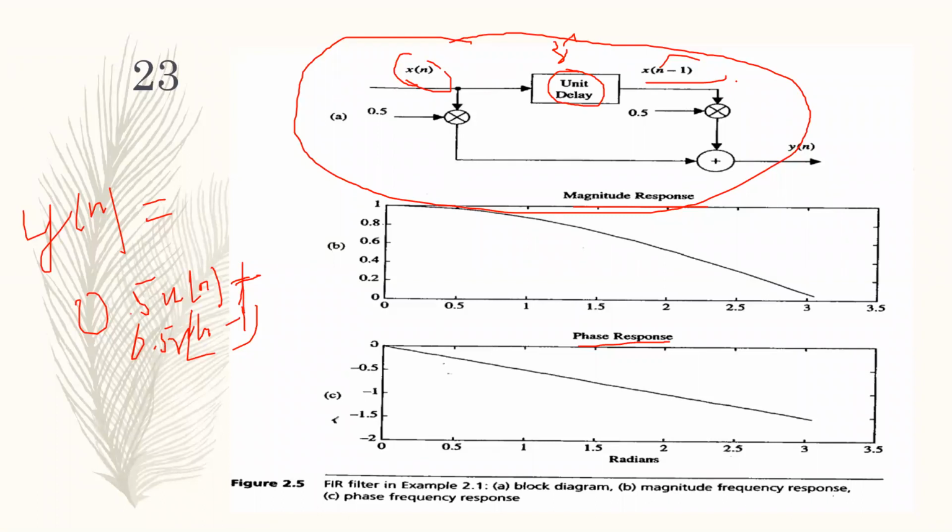The multiplication factor for x of n is 0.5, so I multiply by 0.5 and give it to the adder. I have to add it to 0.5 times x of n minus 1, which also comes here and gets added. Once these two signals are added, I get the overall y of n, which is the FIR filter equation we have represented. This is the block diagram related to that.